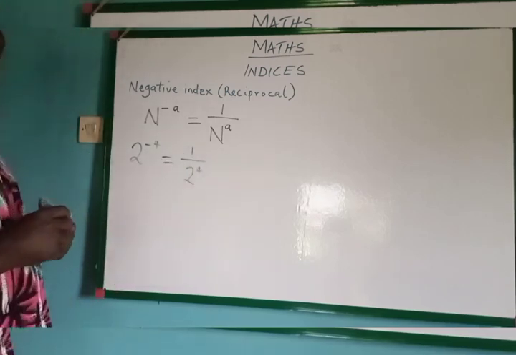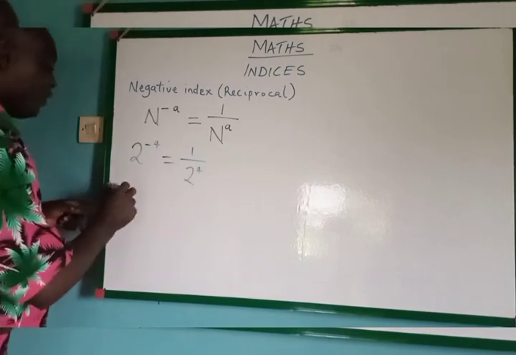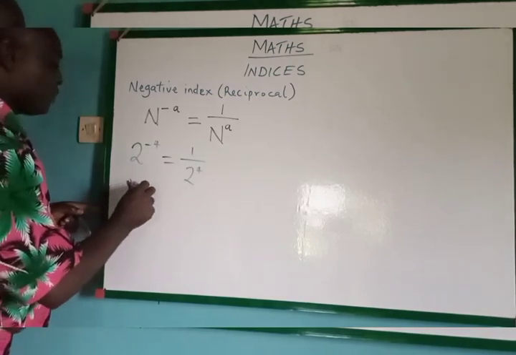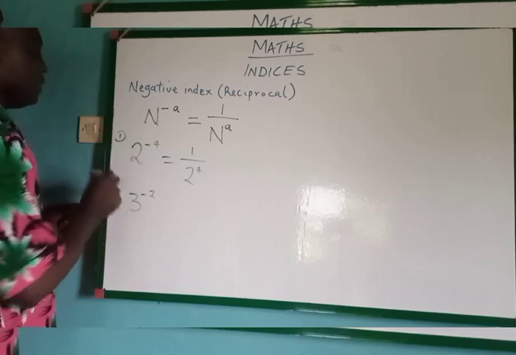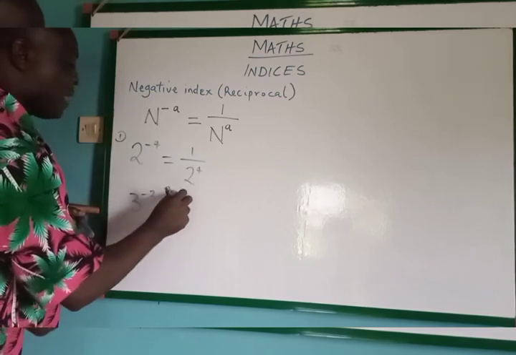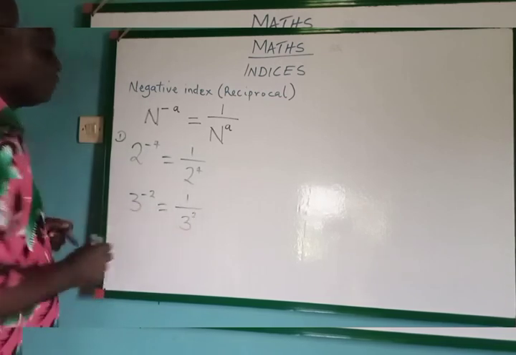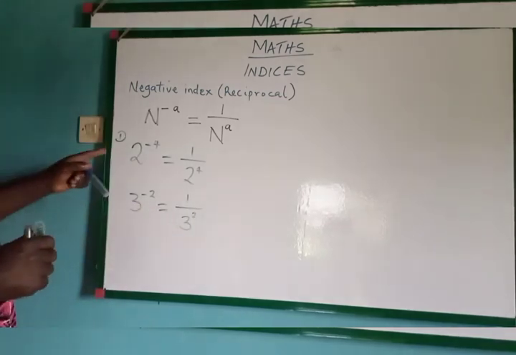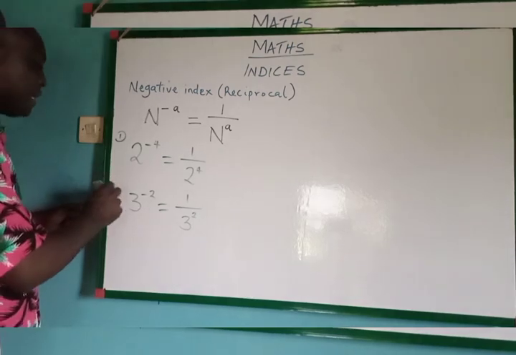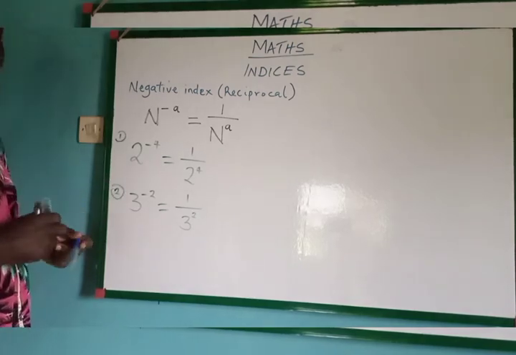The same if we have 3 raised to power minus 2. It is equivalent to 1 all over 3 raised to power 2. So that is how the law is applied when resolving indices.